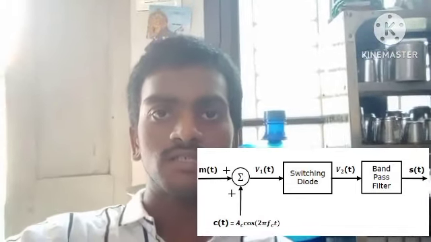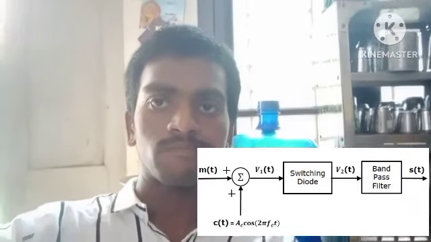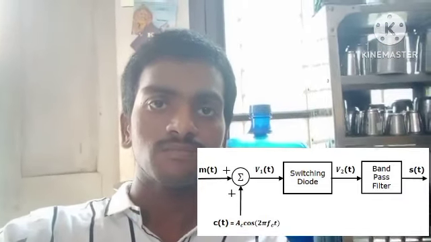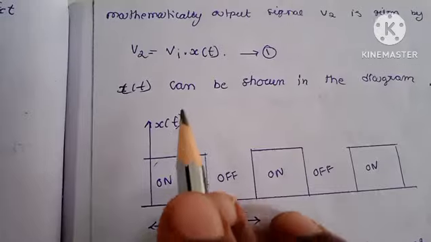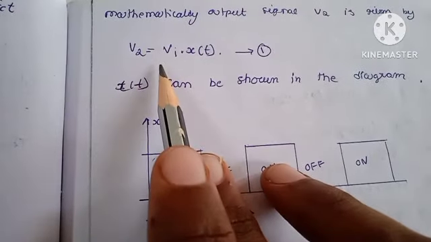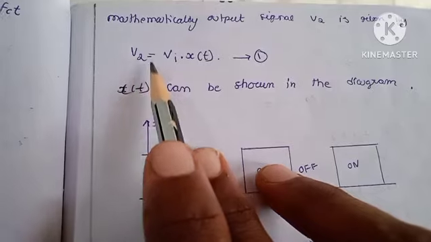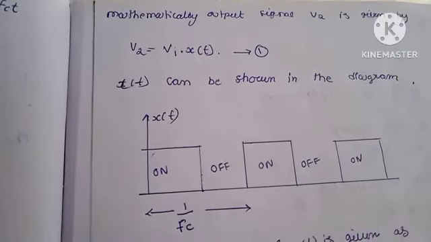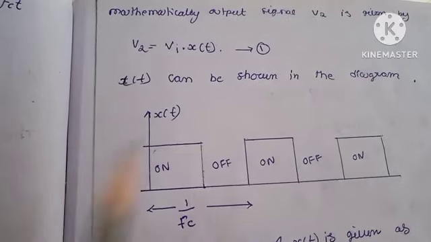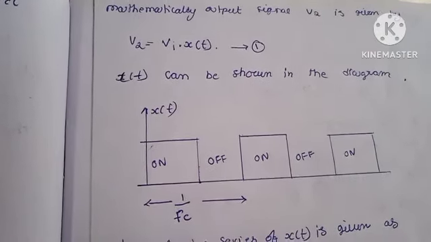Now let us see the mathematical representation and derivation also. Here V2, the output of the switching element, is equal to V1 into x of t, where x of t can be shown in diagrammatic form, which is the diode characteristics.